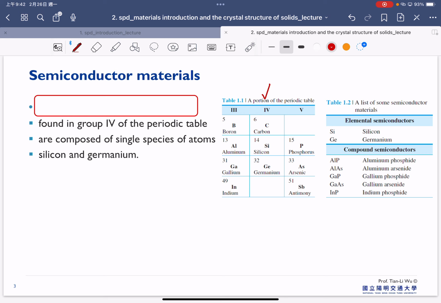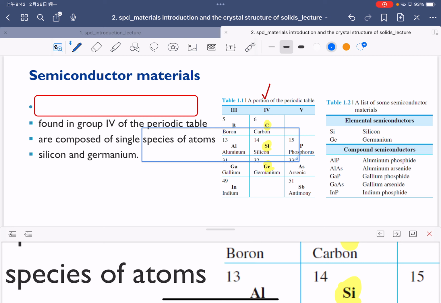Here, we have several important elemental semiconductors, which are carbon, silicon, and germanium. Generally we call these elemental semiconductors.